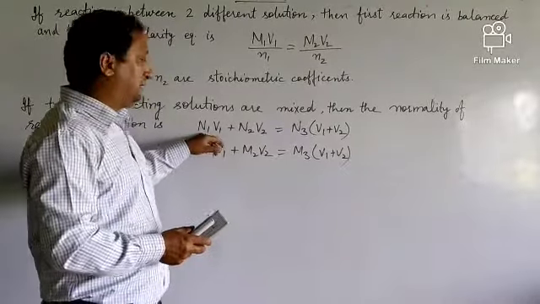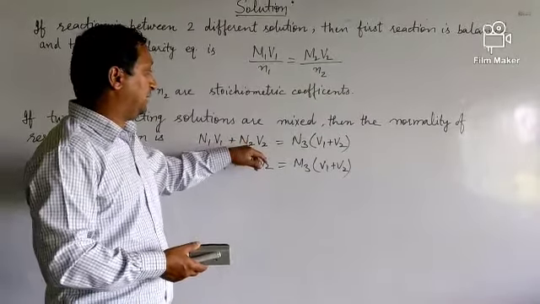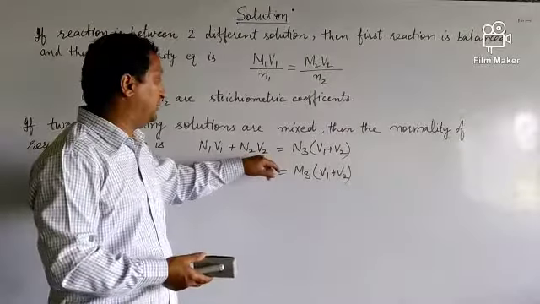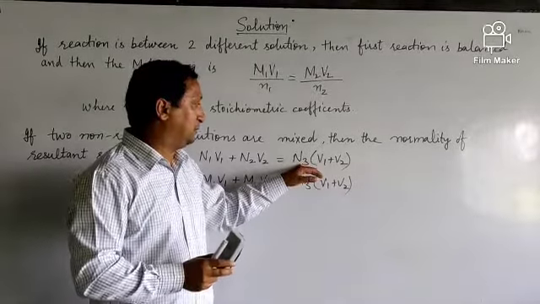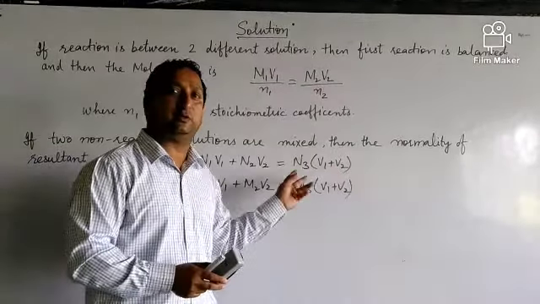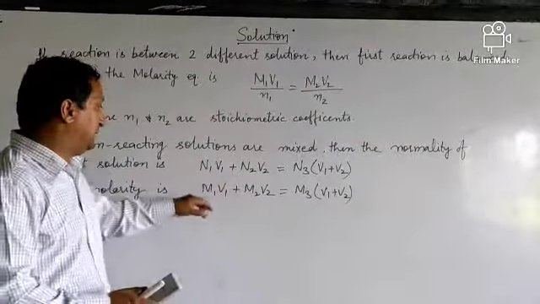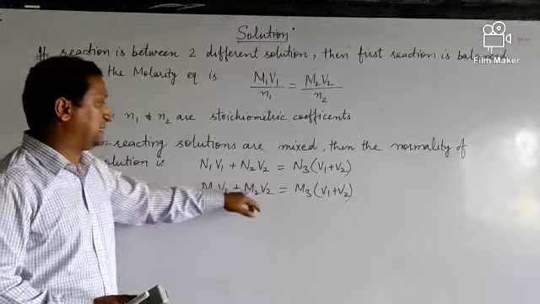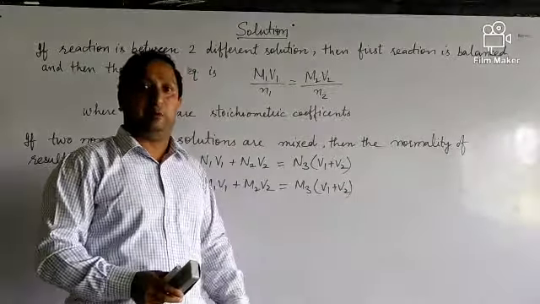N1 is the normality of the solution having volume V1, N2 is the normality of the other solution having volume V2, and N3 is the resultant normality of the resultant solution, and V1 and V2 are the original volumes of the two solutions. Similarly for the molarity, M1V1 plus M2V2 is equal to M3 into (V1 plus V2).